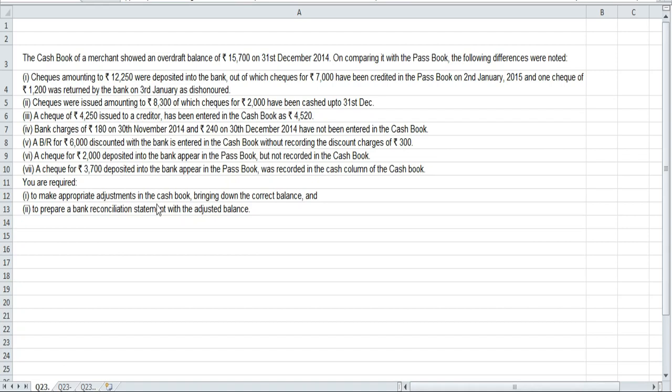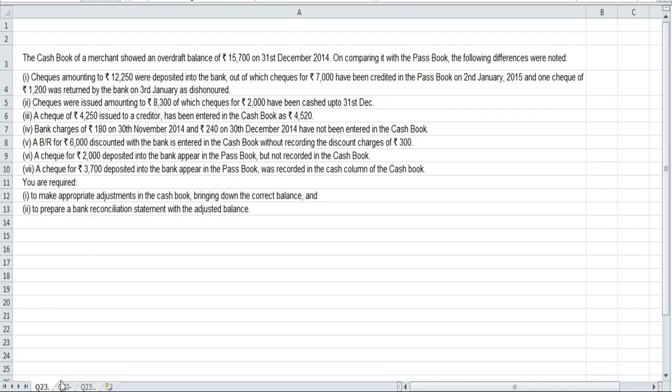So that is the purpose of making an amended or adjusted cash book before we make the bank reconciliation statement. What error to correct? The miscellaneous error or any input error we have done in the debit or credit of the bank.